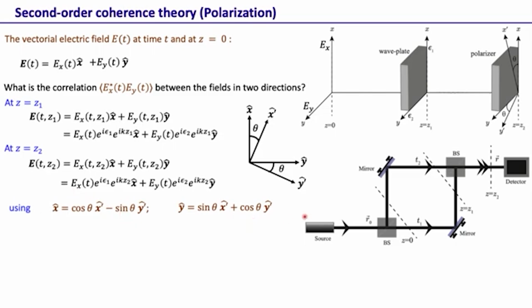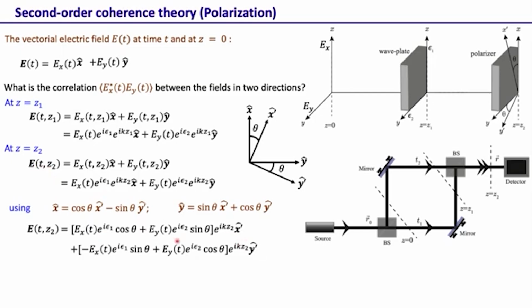So using this vector transformation, we can write this electric field like this. This is the x prime and that's the y prime. Here, for x we have substituted this, for y we have substituted this, and then just collected the x prime components, which are Ext e to the i epsilon 1 cosine theta, Eyt e to the i epsilon 2 sine theta, and e to the i k z2.